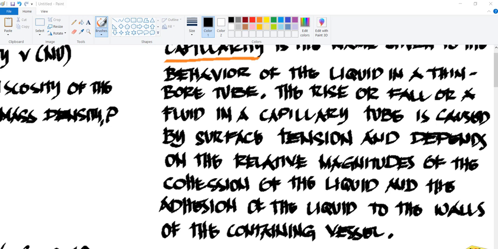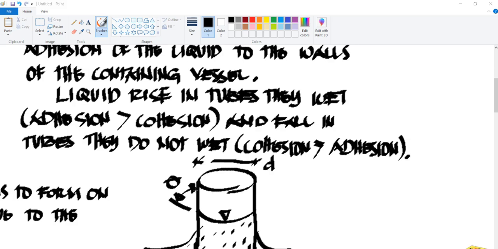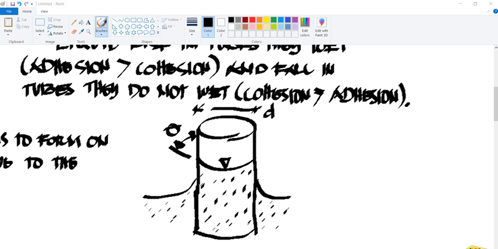The rise or fall of a liquid in a capillary tube is caused by surface tension and depends on the relative magnitudes of the cohesion of the liquid and the adhesion of the liquid to the walls of the vessel. If the liquid rises in a tube, it wets, so the adhesion is greater than cohesion. If the fluid falls in the tube, it does not wet, so the cohesion is greater than adhesion.